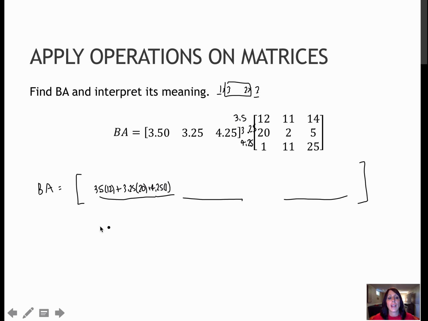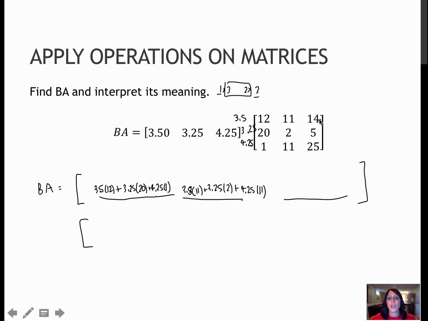I'm going to add all of that up, and that's going to be my first solution. Then I'm going to take 3.5 times 11, plus 3.25 times 2, plus 4.25 times 11.